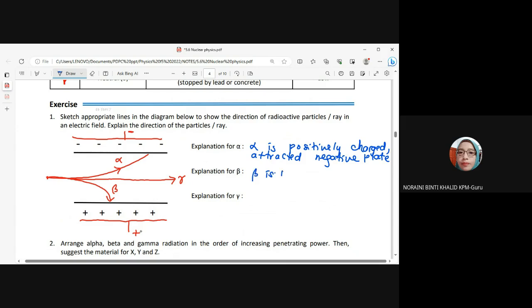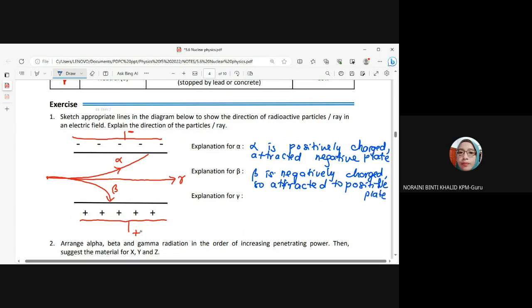Beta is negatively charged, so it is attracted, tertarik ke positive plate.